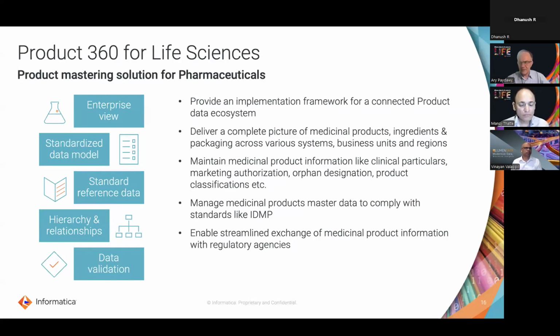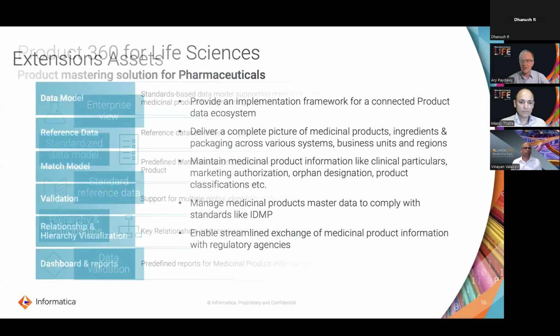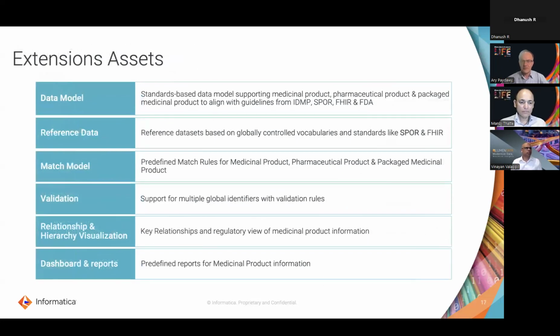It also maintains all the clinical particulars and the marketing authorization side of things. It also establishes all the relationships or hierarchies that are needed for the classification that IDMP requires. And then it enables the streamlined exchange of that information, because ultimately you're doing all of this to prep it, but also to make that data available across the lobes and so forth.